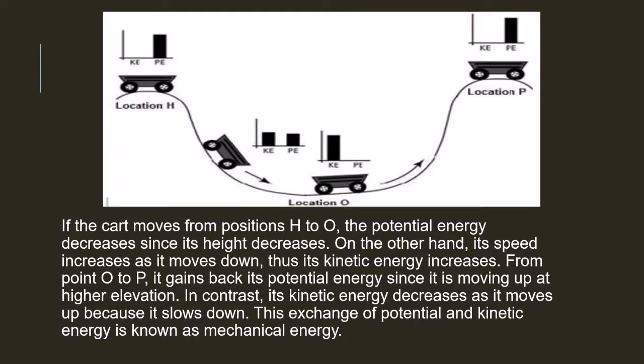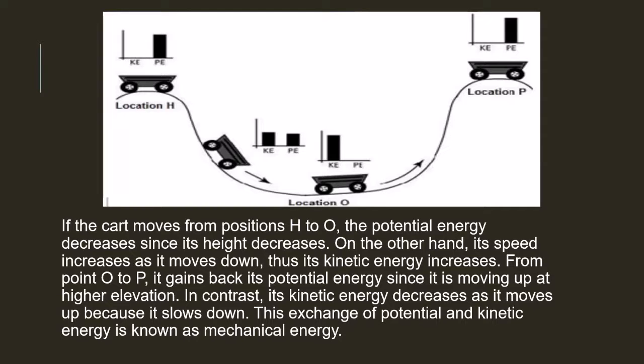If the cart moves from positions H to O, the potential energy decreases since its height decreases. On the other hand, its speed increases as it moves down. Thus, its kinetic energy increases. From point O to P, it gains back its potential energy since it is moving up to a higher elevation.